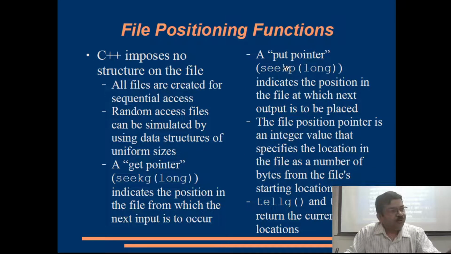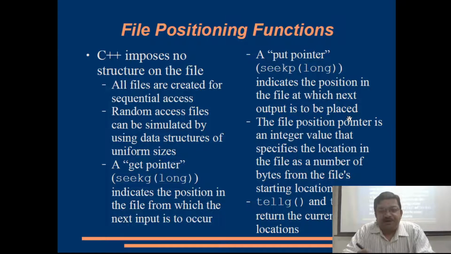Similarly, the put pointer, seekp, is where you specify the location to which the output should be written. ATE is seeking the end of file position, but you can seek a position anywhere in between the file and put the output there, if that is allowed while opening the file.